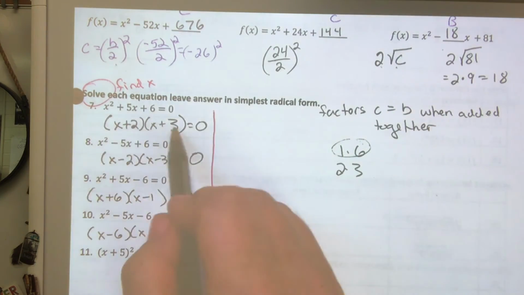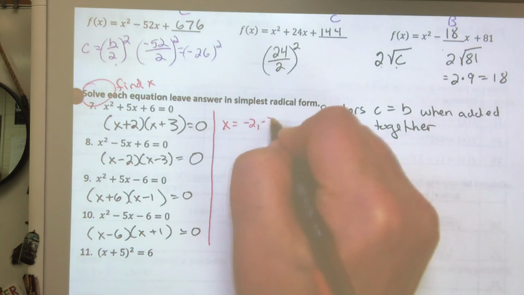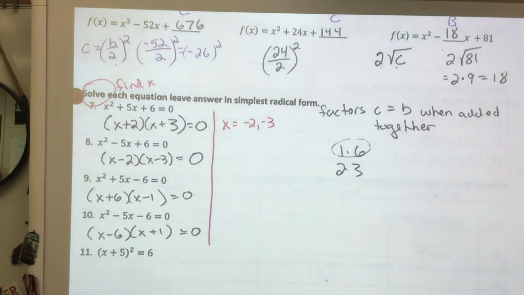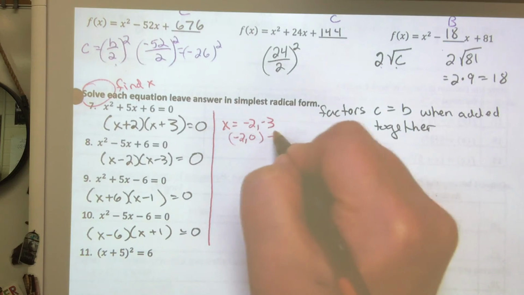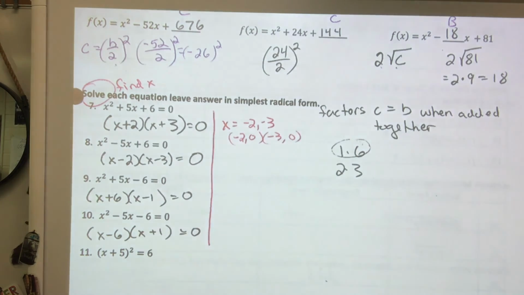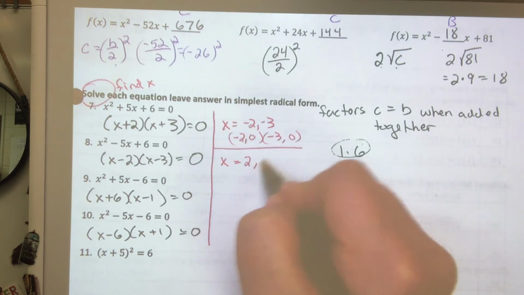So if I set both of these equal to 0, that means x equals negative 2 or negative 3. Those are my solutions. I could even write it as negative 2, 0, negative 3, 0. Either way works. For time's sake, I'm just going to write what x equals.